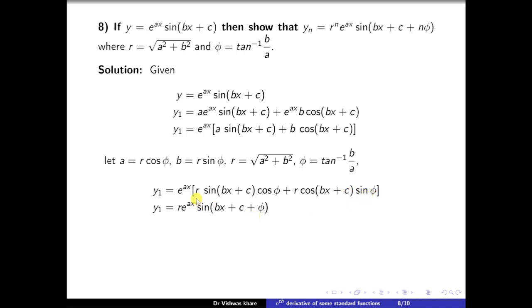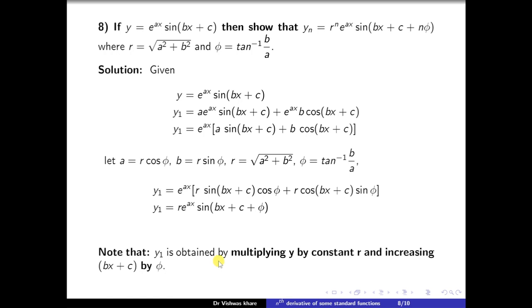Now taking r common and using the formula sin x cos y plus cos x sin y becomes sin(x plus y), we can write y1 is equal to r e to the power ax sin(bx plus c plus phi).